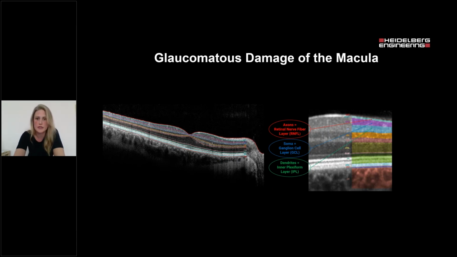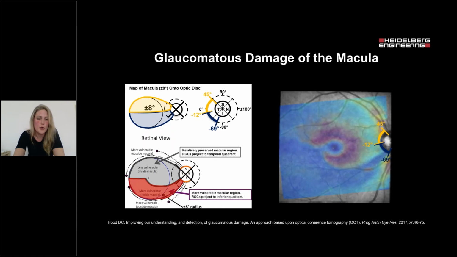So here we have the retinal nerve fiber layer with the axons of the ganglion cells, the ganglion cell layer with the soma, and the dendrites in the inner plexiform layer. The most vulnerable zone inside the macula sends its axons to the inferior quadrant.